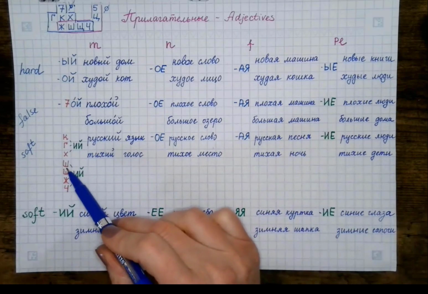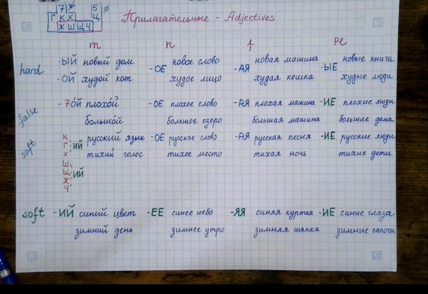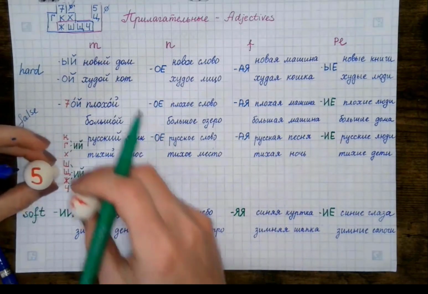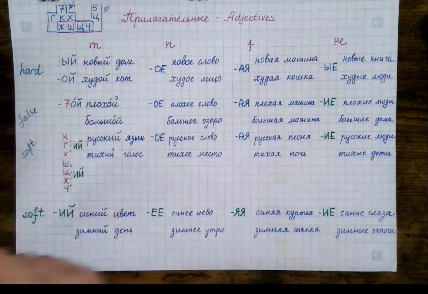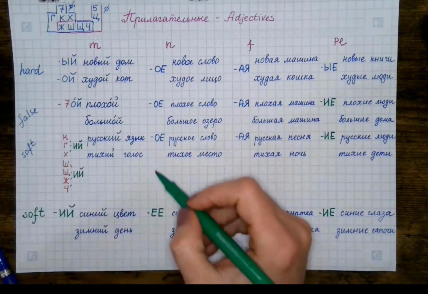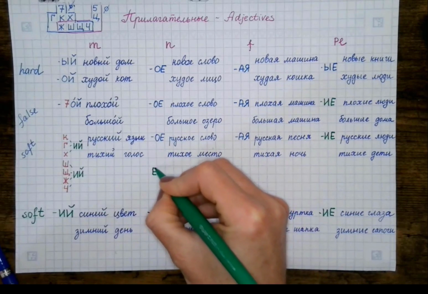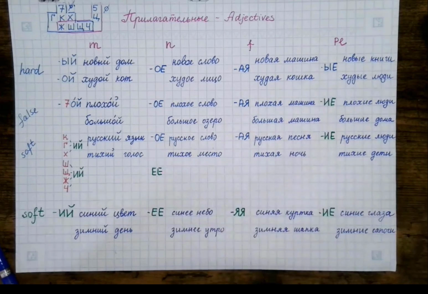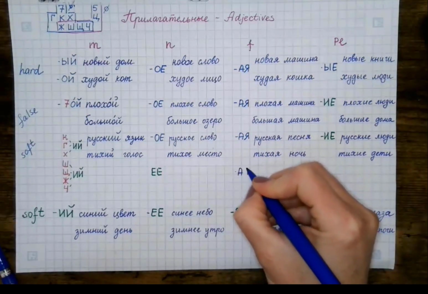Okay, now let's move on to ж, ш, ч, щ. So these 4 letters are affected both by the 5 and by the 7-letter rules. So both rules apply here, which means that unstressed ое will change to ее. Ая will not be affected and will stay ая.